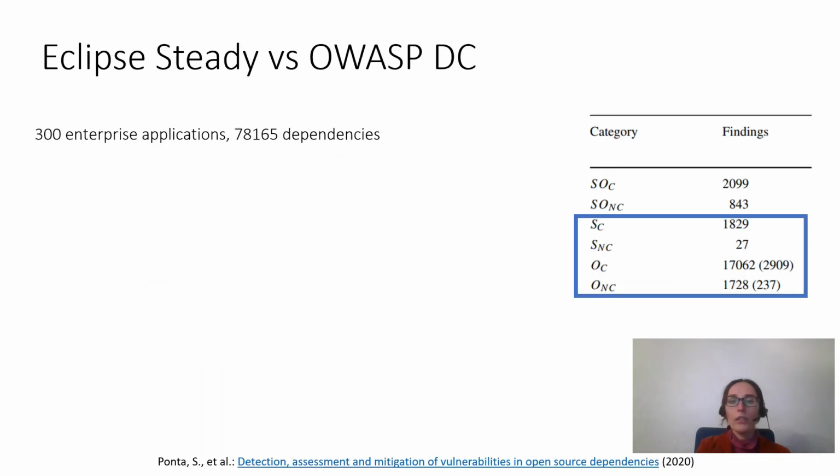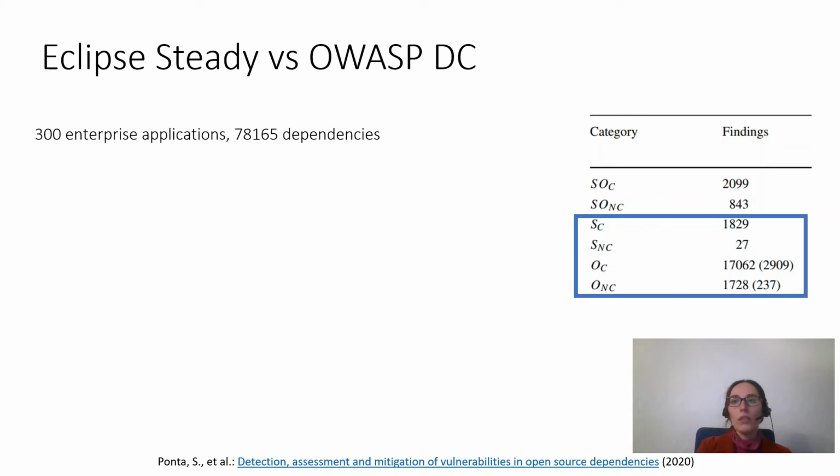We evaluated Steady, the tool implementing this approach, by comparing it with OWASP Dependency-Check. We used 300 enterprise applications amounting to more than 75,000 dependencies. The results are in the table on the right.